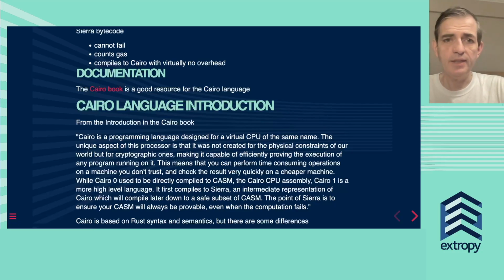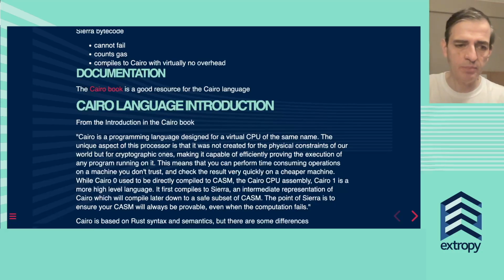The language was designed to be effectively a virtual CPU, and in doing this, it very much had the background of zero-knowledge proofs, and so it's working on that framework, and we do need to be aware of that.